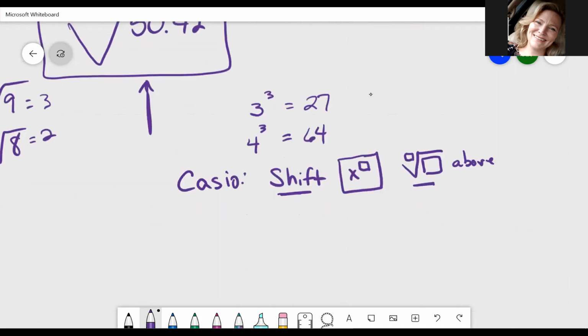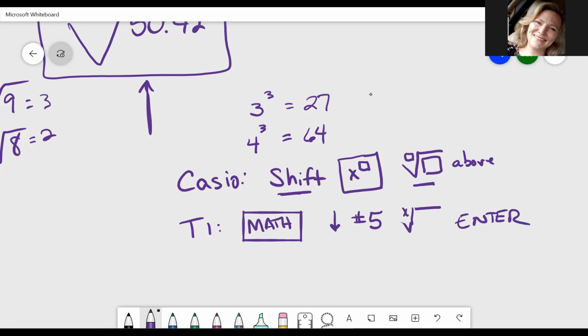So that's what you're doing with the Casio. With the Texas Instruments, I had to hit the math button, and I arrowed down to number 5. When you find number 5 on the Texas Instruments, it actually just shows like this. So I did that and I hit enter.